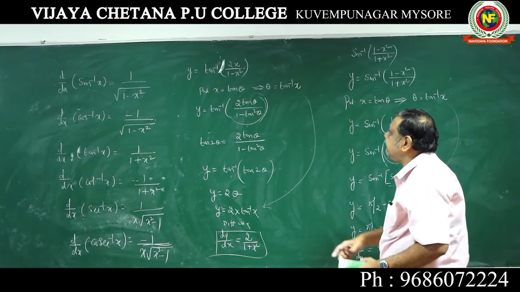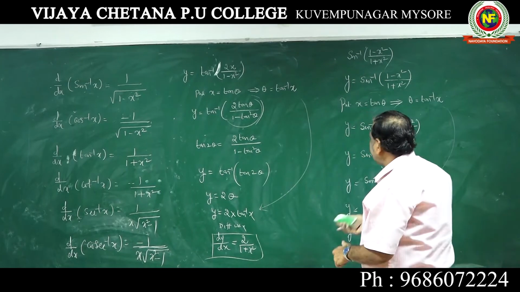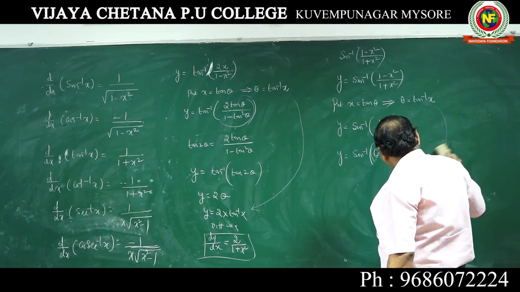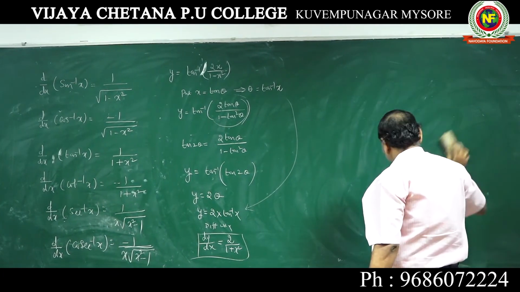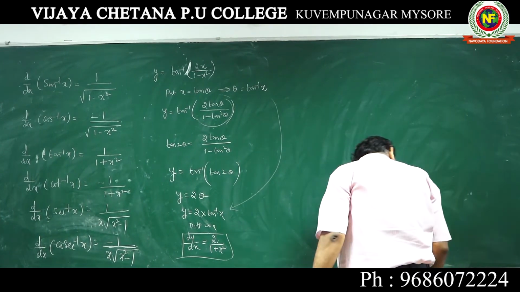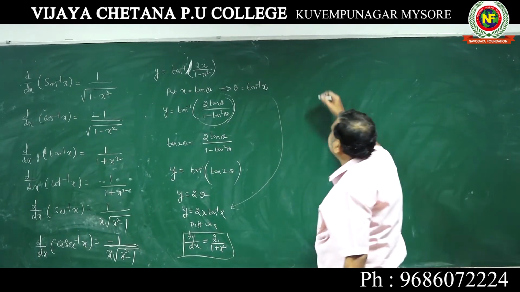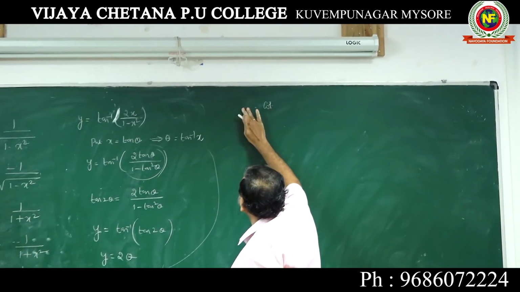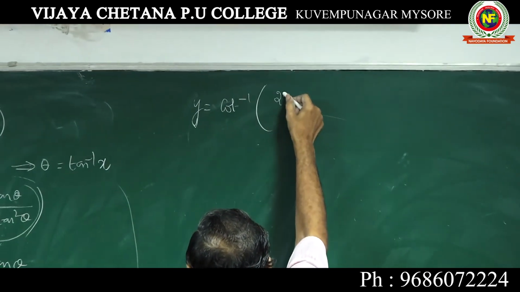Now similarly, instead of tan inverse, we take cot inverse and then do. That is also important. Instead of tan inverse x, suppose they give y is equal to cot inverse of the same problem, 2x by 1 minus x square.